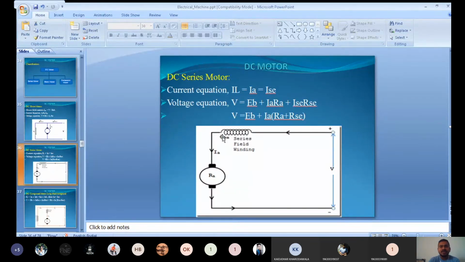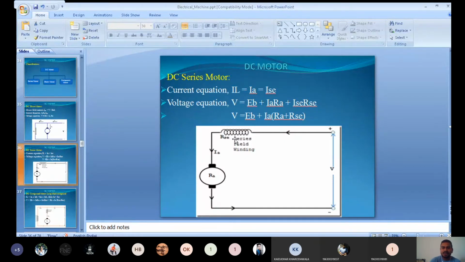Okay, so generally what happens according to the equation, R is equal to rho L by A. L is less and A is more, so obviously the resistance is less. So this series field winding has lesser resistance.